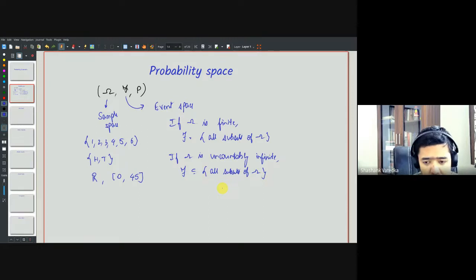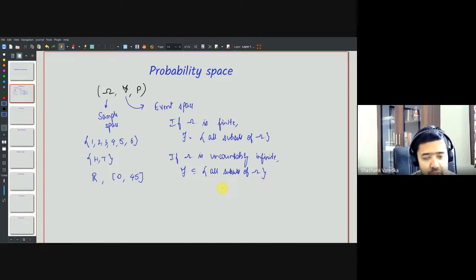One reason why you don't take F to be the set of all possible subsets is because of technical conditions. You cannot assign a well-defined probability measure if you take the event space to be the set of all possible subsets. After all, ultimately, when we define a probability, we'll define it not over the sample space, but rather over the event space.